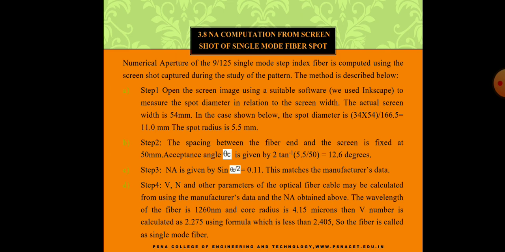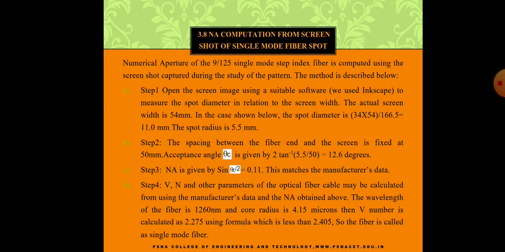Here 34 is the diameter of the light intensity observed on the screen, 54 is the total width of the screen, and 166.5 mm is the total length of the screen. That is equivalent to 11.0 mm.